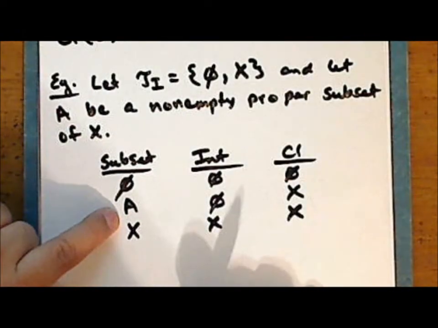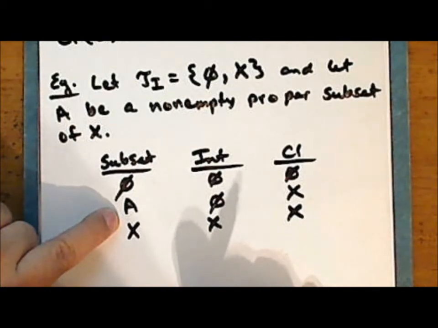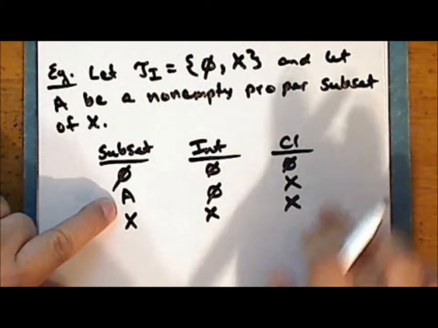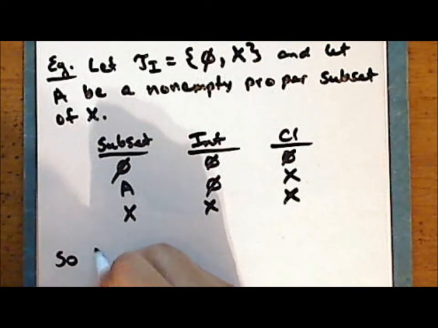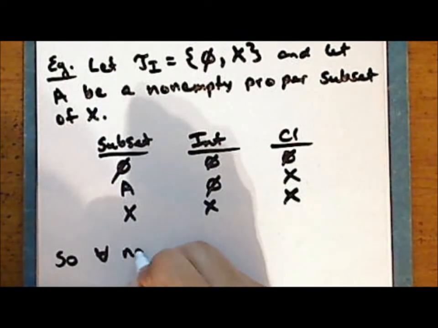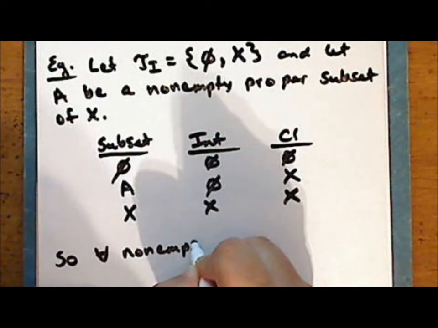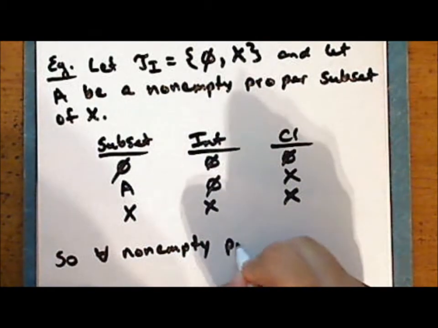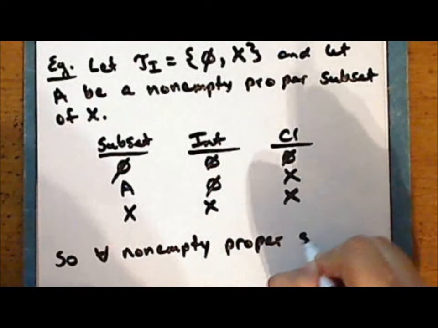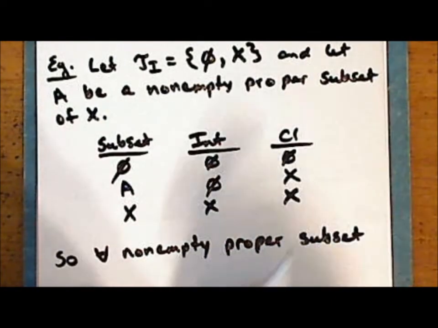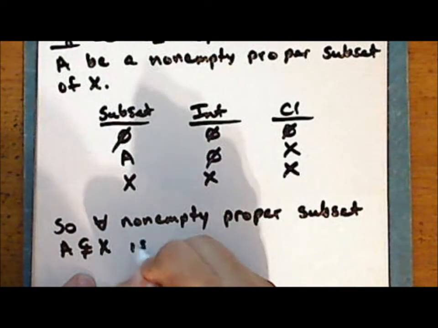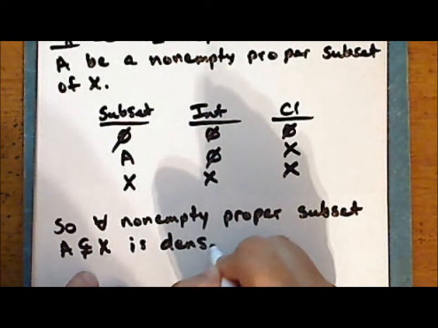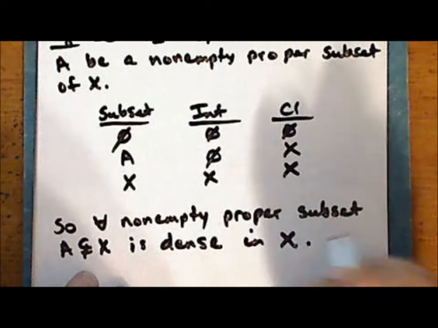And so the closure of any non-empty proper subset in an indiscrete topological space is the entire set X. And so every non-empty proper subset A of X is dense in the space X.